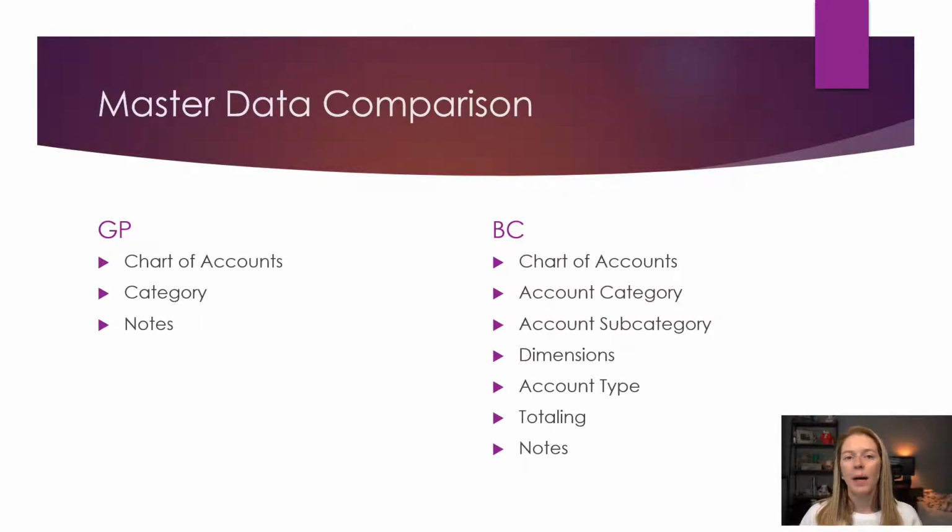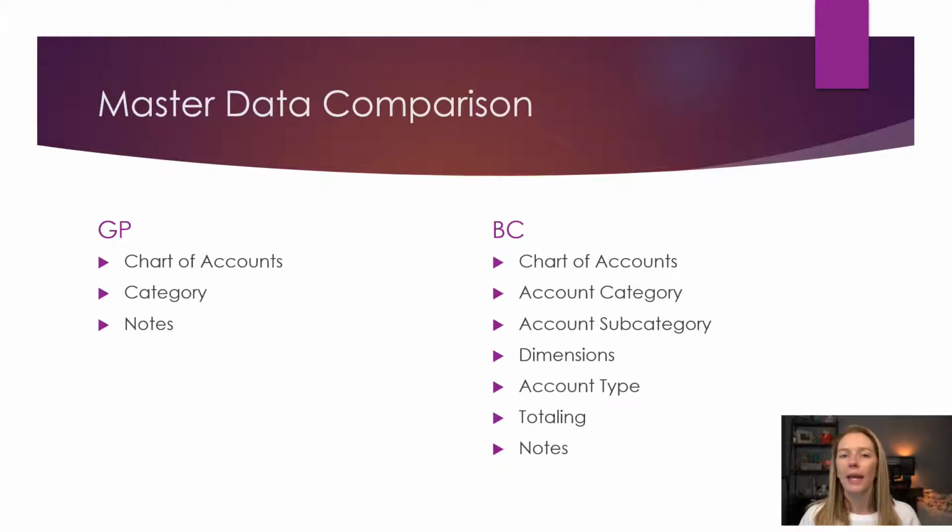So now let's talk about the master data comparison of the products. In GP, we of course have a chart of accounts, which is the full segment there. And there's a category inside of GP, which some people have never used, but it's actually very functional, and I've always had my customers use it. On that category, it might be called cash, accounts receivable, intangible assets, whatever it's called.